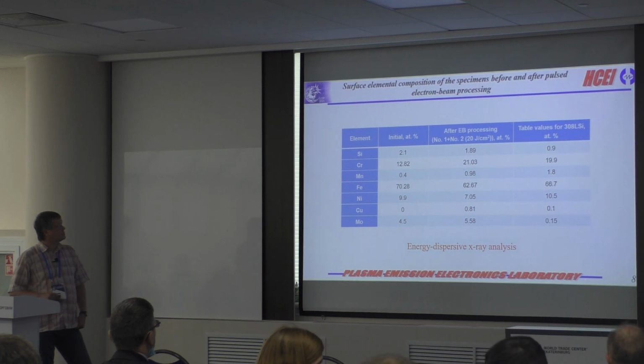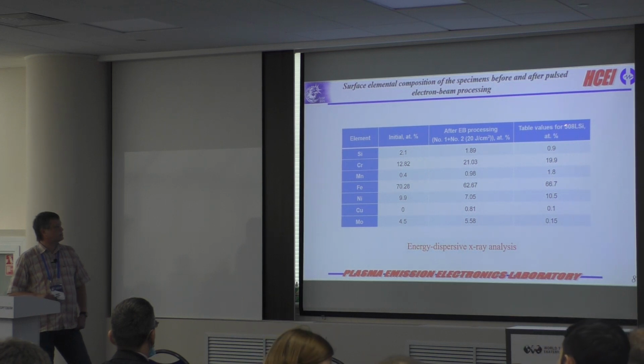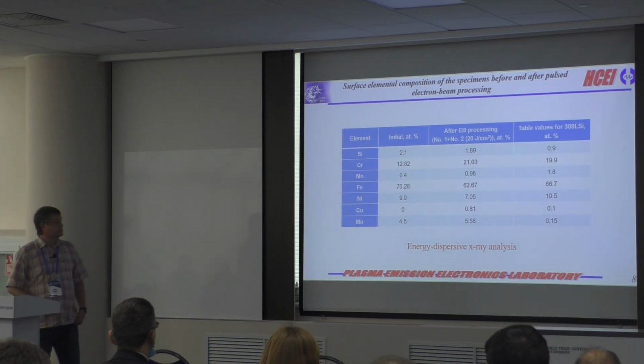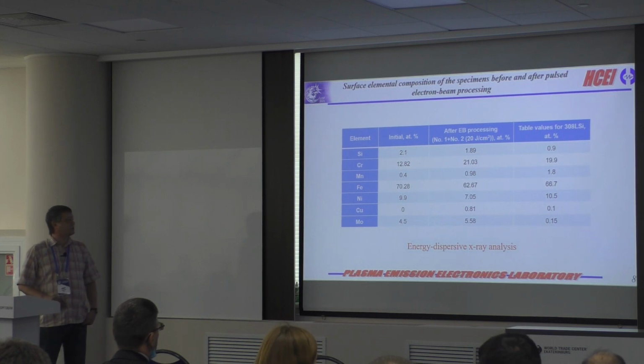Surface elemental composition of the specimens, initial and after electron beam treatment, showed that the composition is almost unchanged, maybe except some chromium, and close to table values for 308 LC stainless steel taken from the site of the manufacturer of the wire.